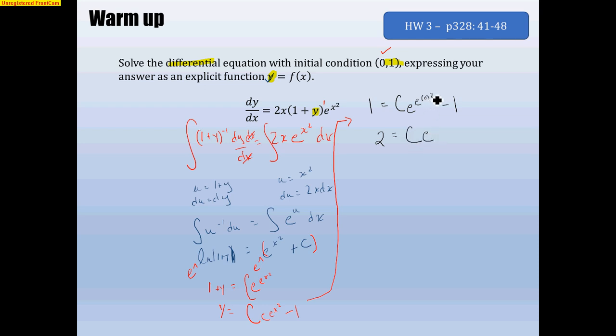Right, and e to the 0 squared is e to the 0, which is 1, and e to the 1 is just e. So c turns out to be 2e to the negative 1.